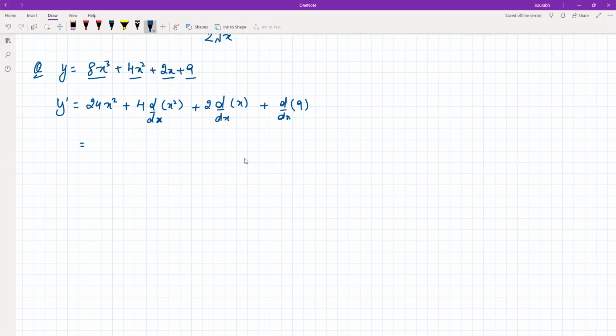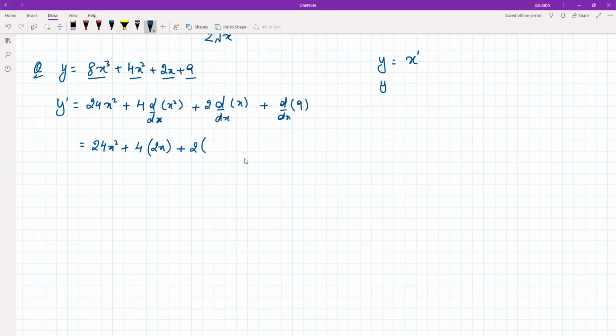Just now we have found, so I have written it as it is. So 4 into, what is differentiation of x square? 2x. 2 into, what will be differentiation of x? So x is actually x to the power 1. Right?